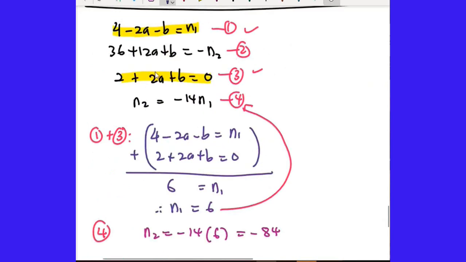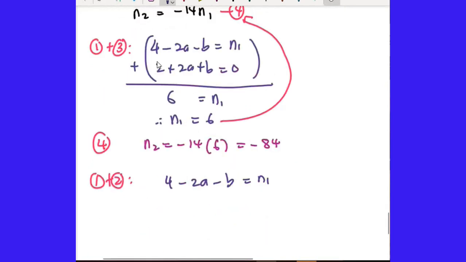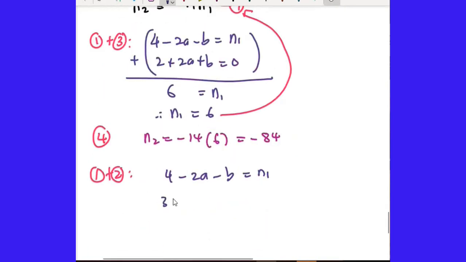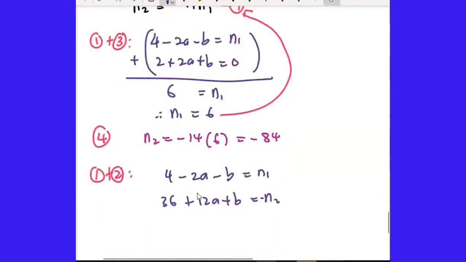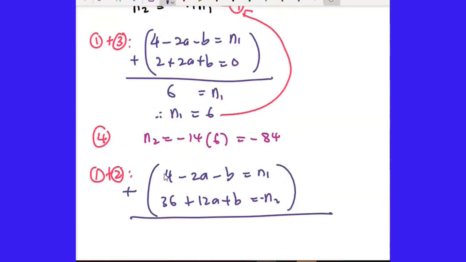Equation 2 is 36 plus 12A plus B is equal to negative N2. And we add. This 40, negative, positive, plus 10A. B cancels.